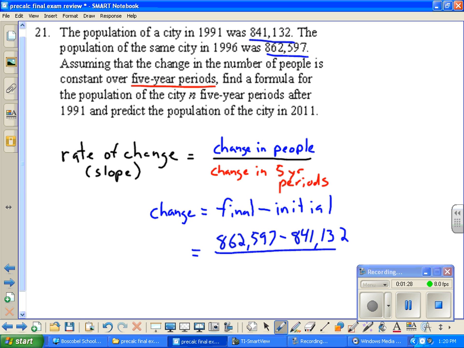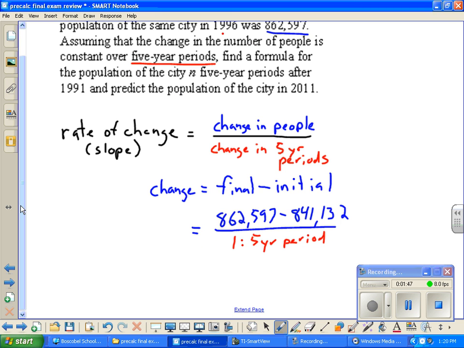Well, since we're going from 1996 to 1991, that's 5 years, which is only one 5-year period. So in this case, I'm going to divide by 1, not divide by 5. And I'd be willing to bet that would be the mistake that some of you are making if you had a mistake earlier.